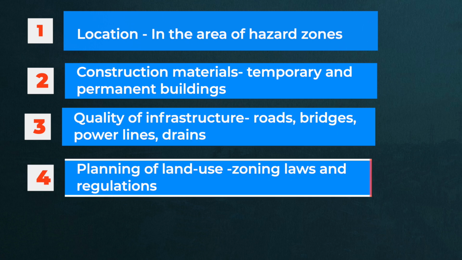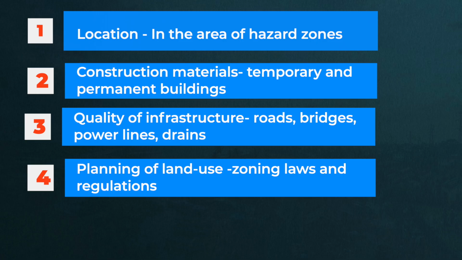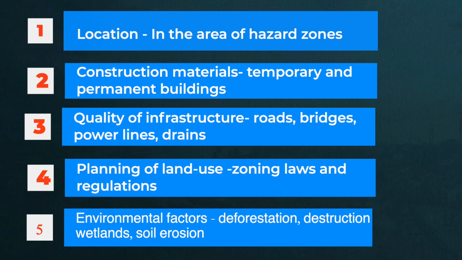The fourth is planning of land use, zoning laws and regulations related to it. And the fifth one is environmental factors such as deforestation, destruction of wetlands, soil erosion, etc. Physical vulnerability is also quite common in informal settlements where legal status and investment are less apparent.